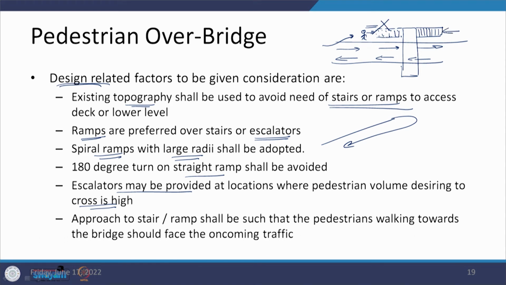What should happen is that the pedestrian who is going to utilize this overbridge, when approaching the stairs, should be looking towards the vehicles. When the vehicles are coming from this direction, they go in this form. Similarly, when the vehicles are coming from this direction, they should have access from this way. So, this is the design being talked about here.